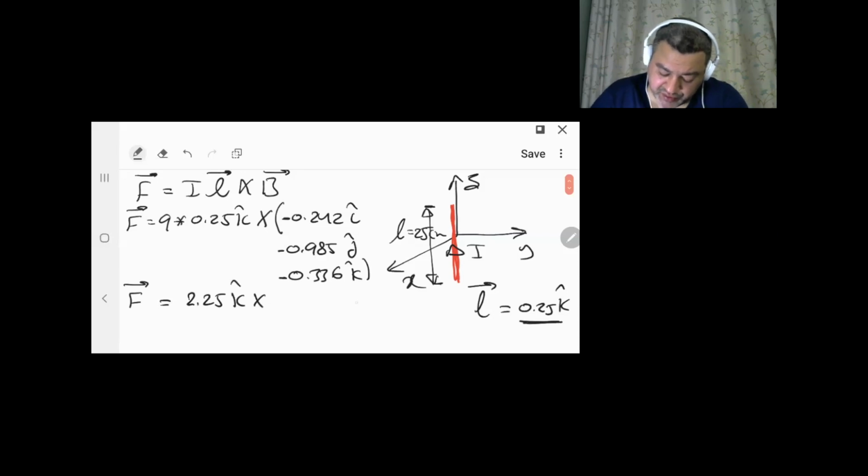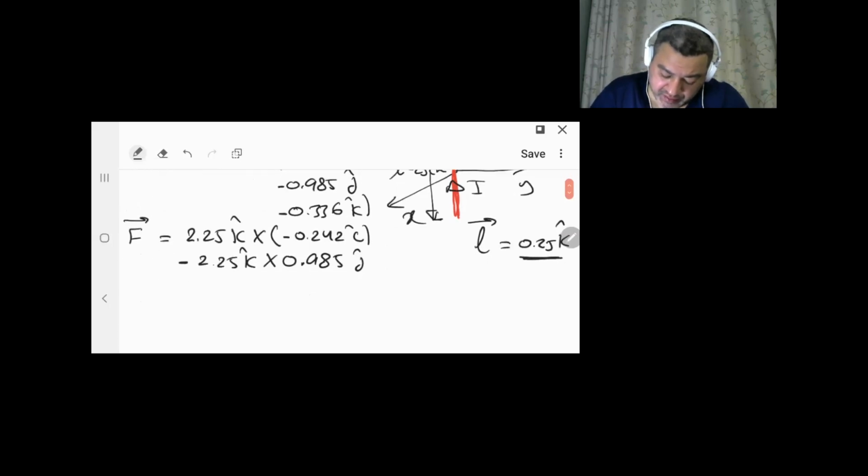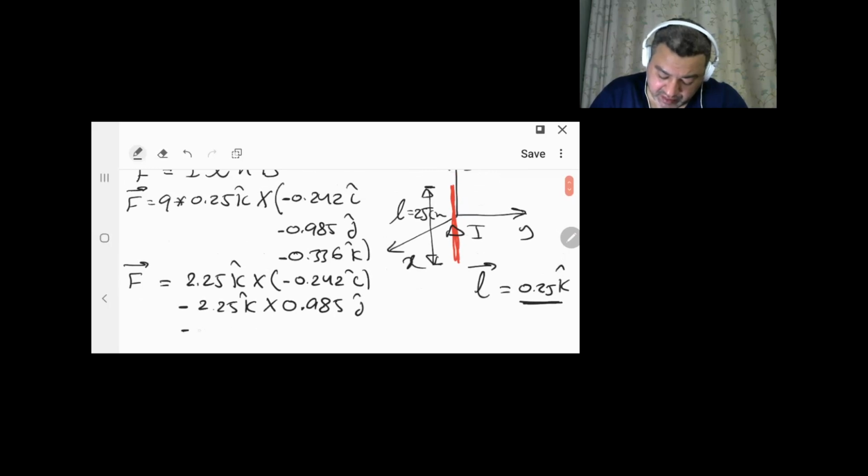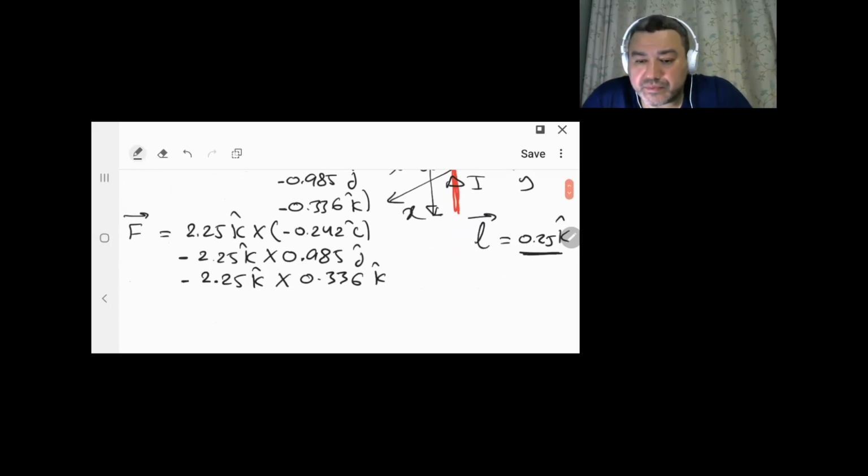okay, and now distribute the cross: minus 0.242 I, then if I take this minus outside, it will be 2.25 K cross 0.985 J. Then again take the minus outside, 2.25 K cross 0.336 K. Okay, so in this case, I know that K cross K is 0.